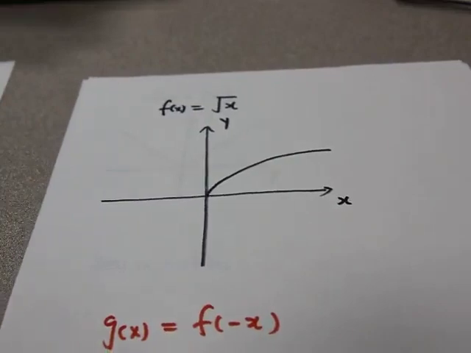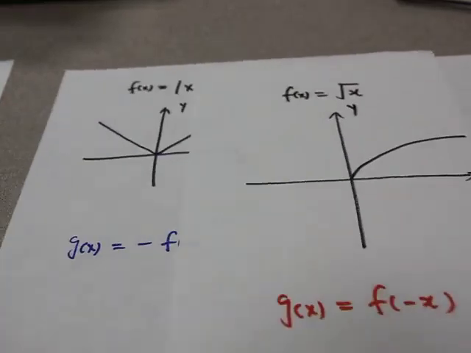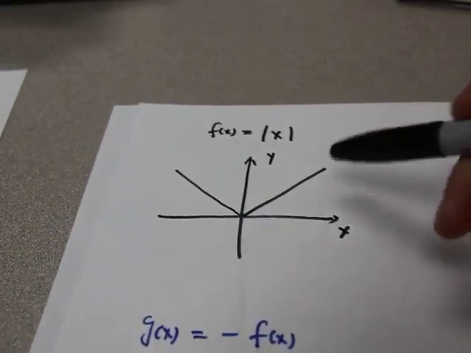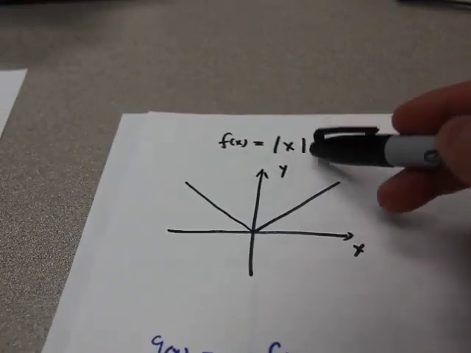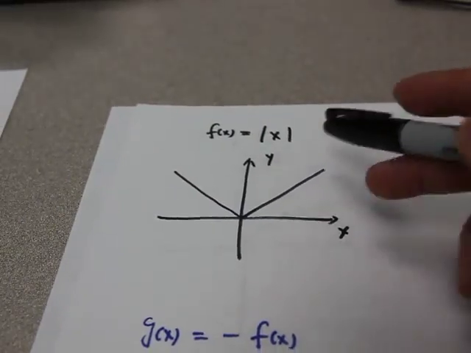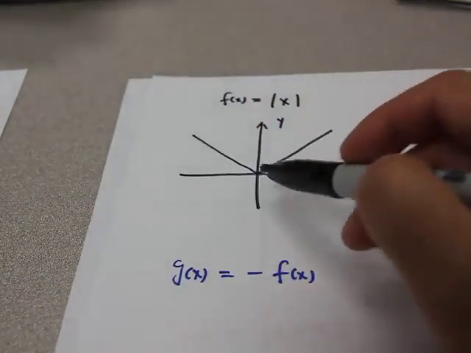Okay, now let me use these two examples to illustrate this idea. Here we have this basic function f(x) equals the absolute value of x. So the graph looks like this.